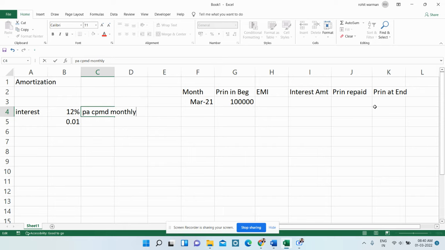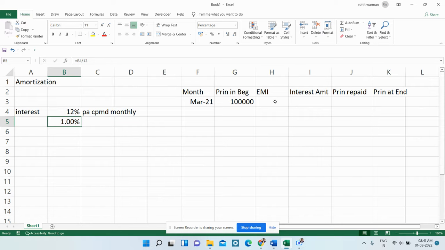Even if it is not written, even if they have not mentioned it, you still have to assume it is compounding monthly. So if it is compounding monthly, and if you are using Excel, you divide this 12% by 12 months and you will get 1%. The equivalent calculator function I will tell you shortly.